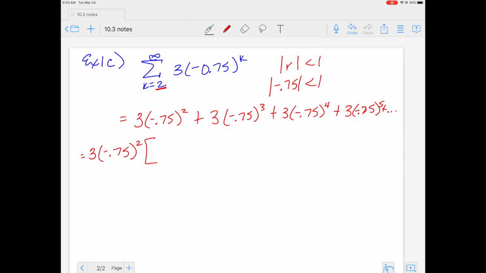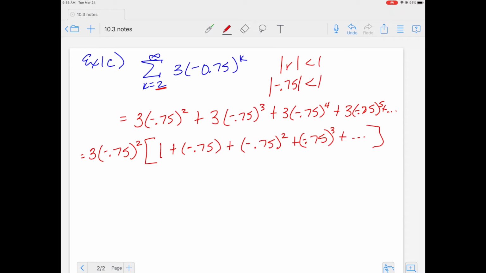So my first term now is going to be 1 when you factor out this greatest common factor. I factored a 3 out here and 2 of my negative 0.75s. So now I'm just left with negative 0.75. The 3 goes, and I have negative 0.75 squared because I took out 2 from there. I'm going to take out 2 from this next one, and I have negative 0.75 cubed, etc.